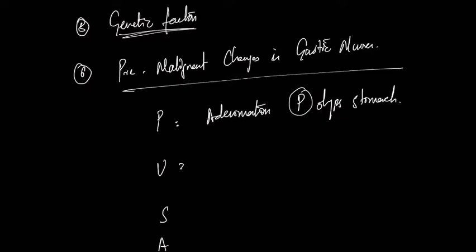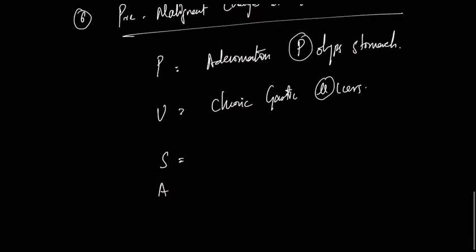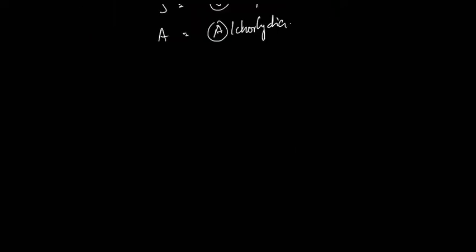U is for your chronic gastric ulcers. And S is for your stump carcinoma, and A is for achlorhydria.